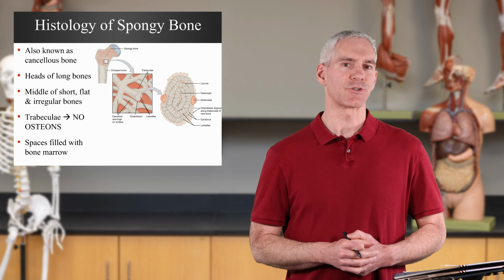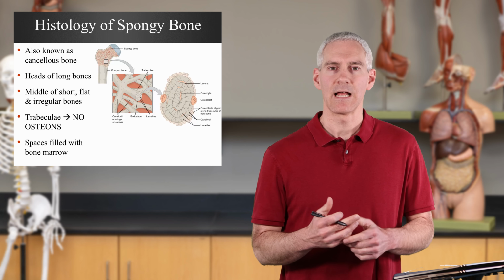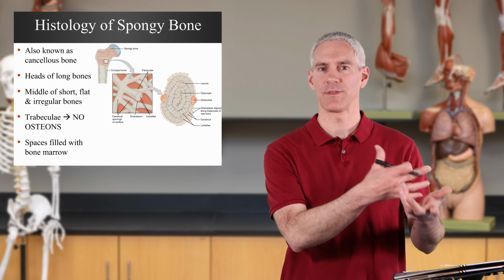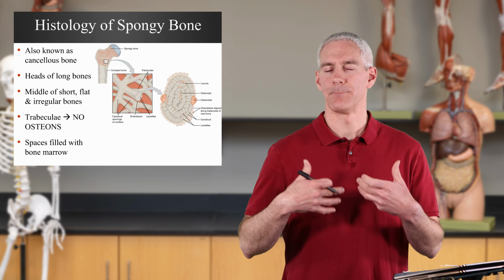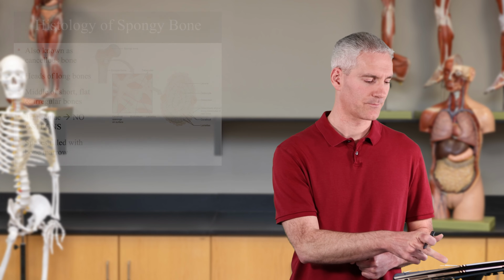And in between these trabeculae, a lot of times they're filled with bone marrow. Now again, that depends if it's going to be found in the axial skeleton or out in the appendicular, but either way they have bone marrow. It just depends on whether it is mostly red bone marrow or if there is yellow bone marrow as well. So those are some structural components of the actual compact bone and the spongy bone and how they're built.